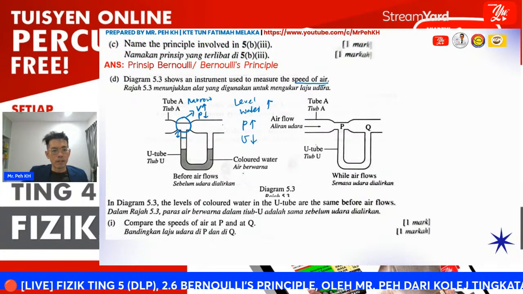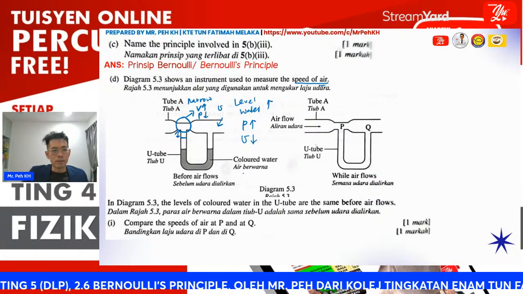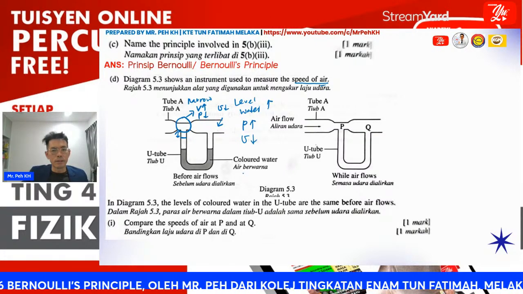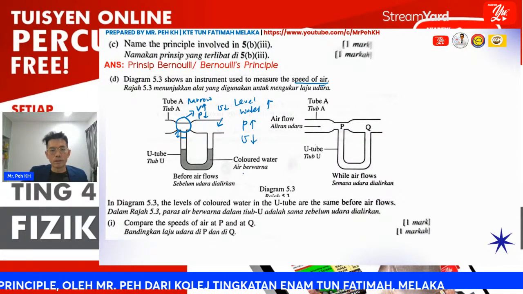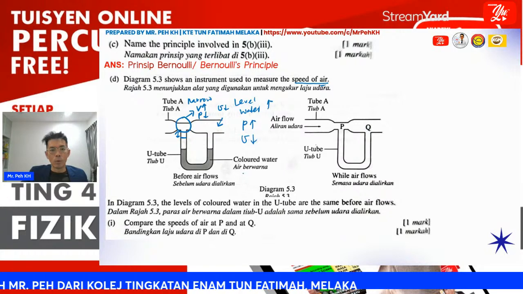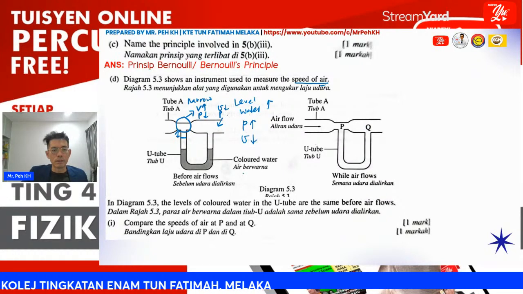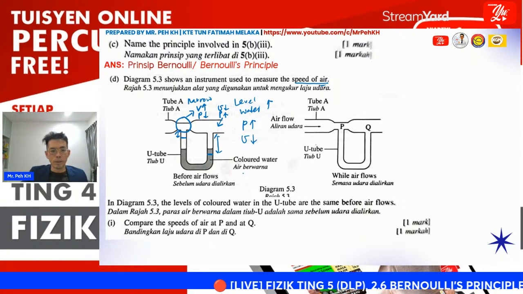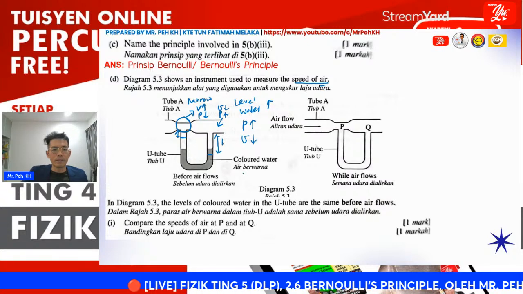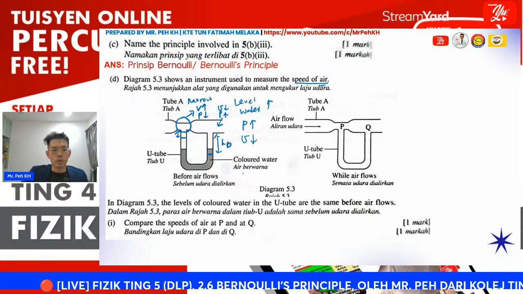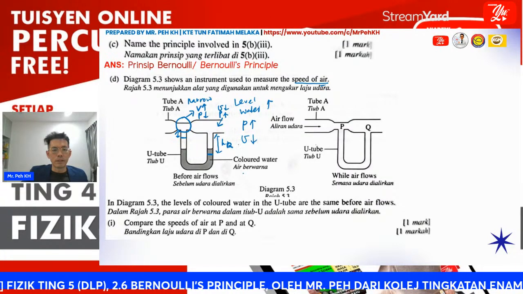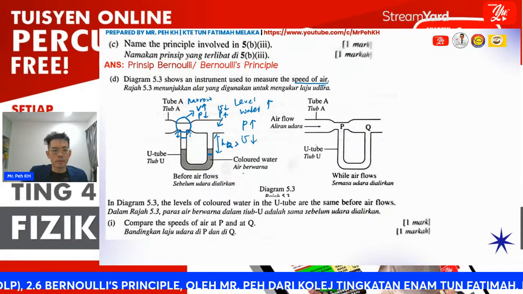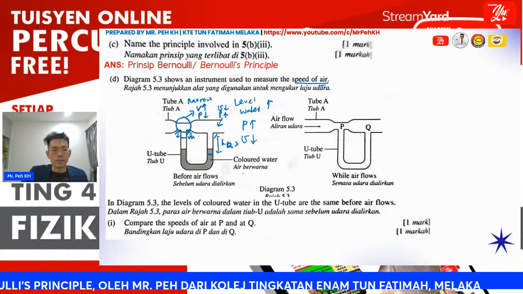At point Q, the speed of air will be lowest, so the pressure will be highest. So the water level will show actually lowest here, but the height at Q will be greater than HP.